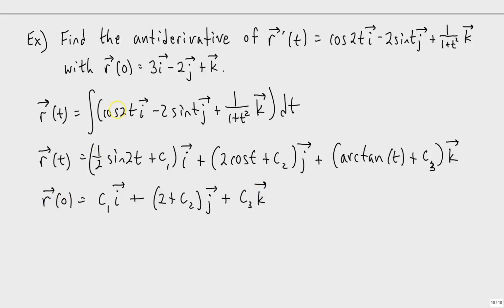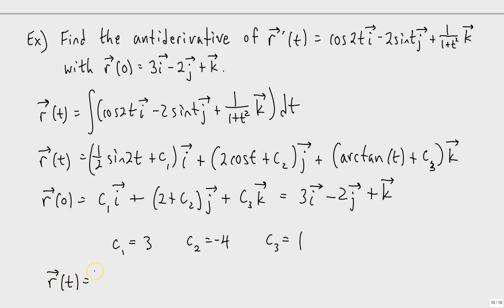But we know that the original function evaluated at 0 is actually 3, negative 2, and 1. So this is supposed to equal 3i minus 2j plus k. In other words, c1 is 3, c2 is negative 4, and c3 is 1.